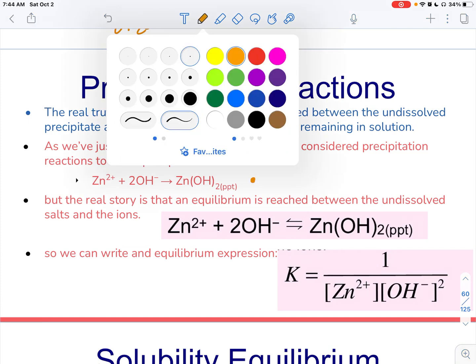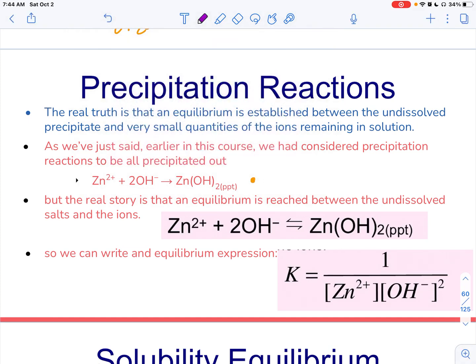But again, there is more to the story here. Some of this precipitate will dissolve. It's going to be very small amounts, but some will dissolve. So this reaction will be able to go in the reverse direction as well. So a more accurate version of this net ionic equation is this one, where we have an equilibrium arrow.